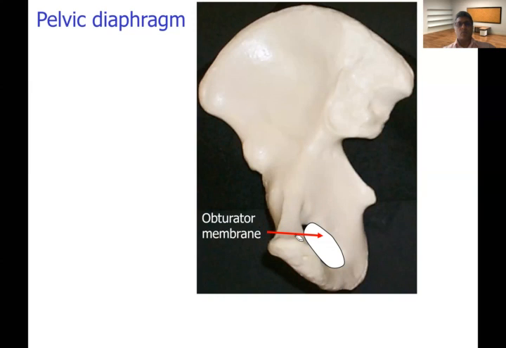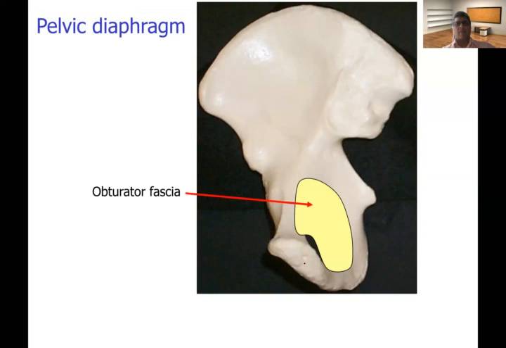Now, over this obturator membrane, obturator internus muscle is attached. So we said that the lateral wall of the pelvic cavity is formed by the hip bone and the obturator internus muscle. So this is how the obturator internus muscle comes to form the lateral wall, getting attached over the obturator membrane. Then there is pelvic fascia. We'll discuss pelvic fascia later.